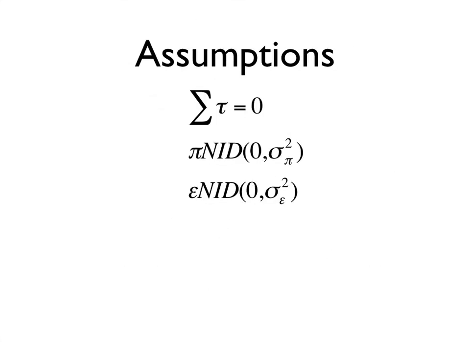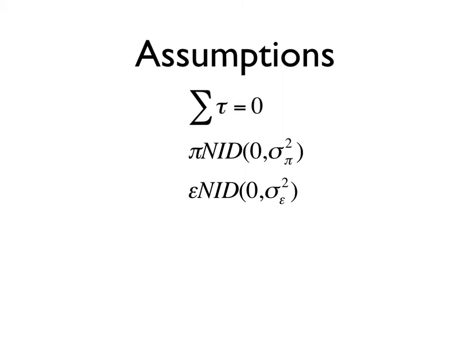Some assumptions. The effect of treatment sums to 0. It always does. The effects of blocks are normal and independent with a mean of 0 and a variance of sigma squared sub pi, and the residual, the error, what's left over, is also normal and independent with a mean of 0 and a variance of sigma squared sub epsilon.